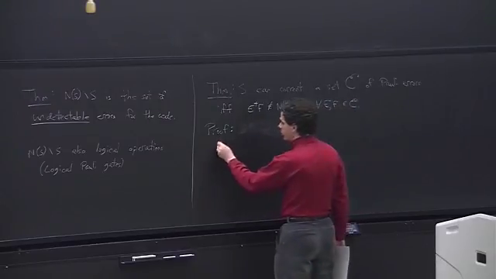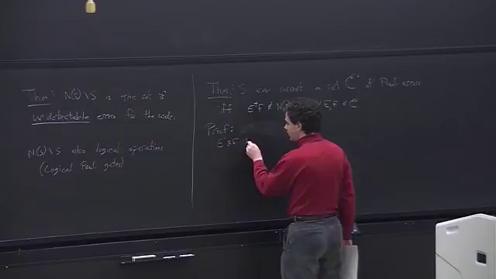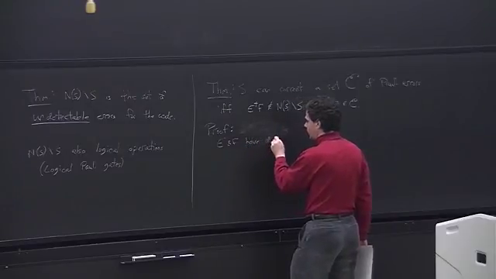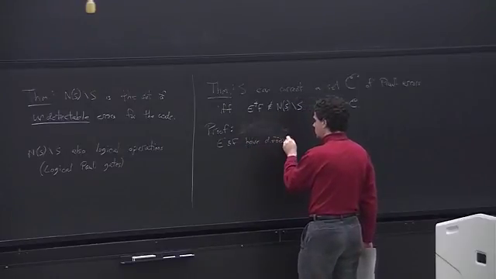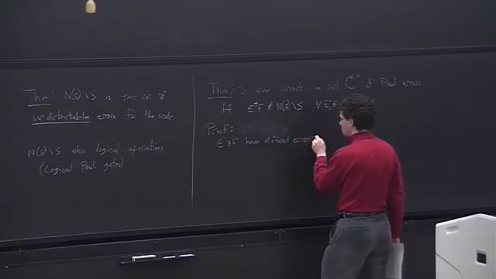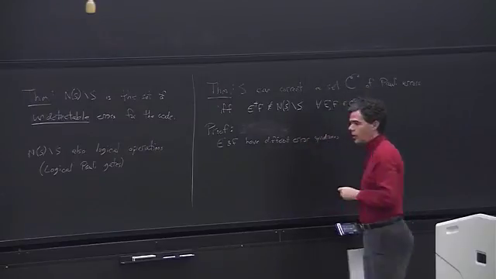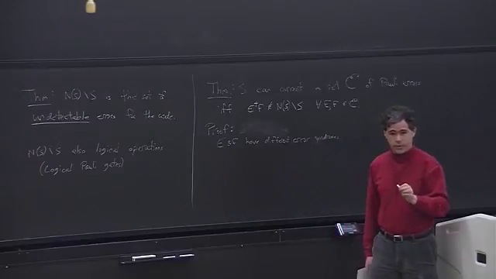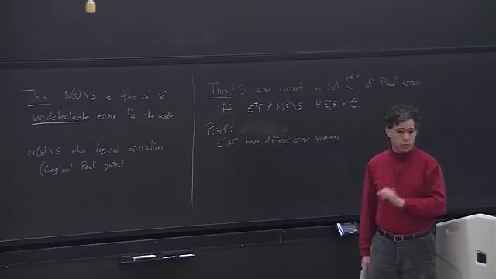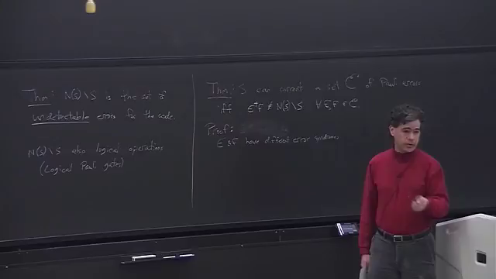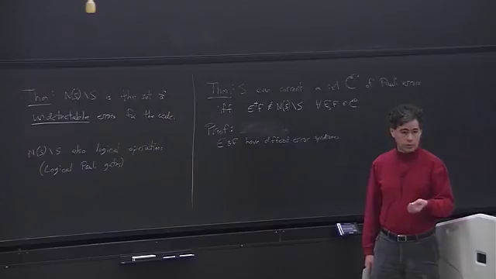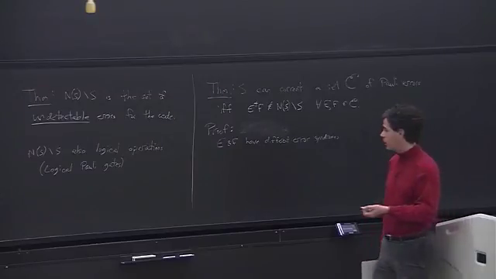We notice that E and F have different error syndromes if and only if they don't commute with the same set of generators of the stabilizer and anti-commute with the same set of generators. That's the definition of the error syndrome.